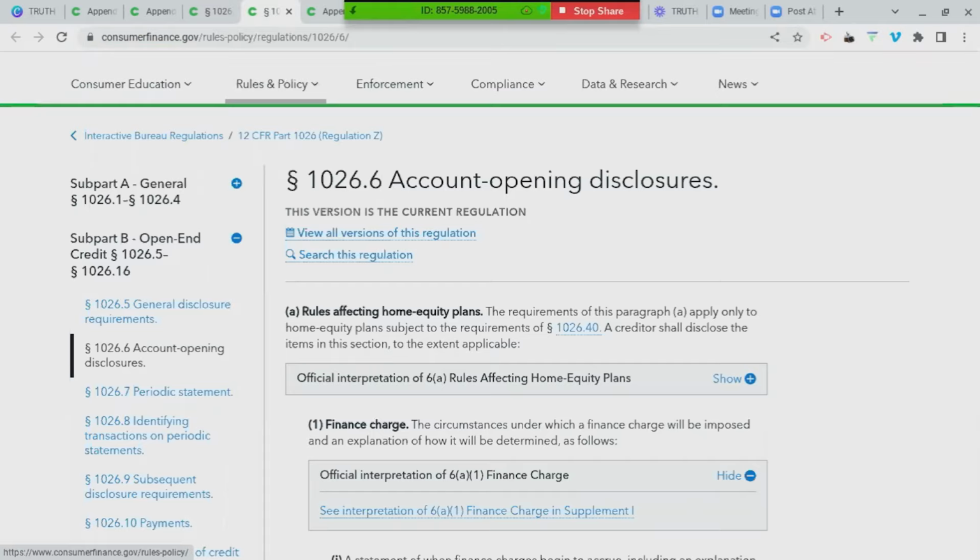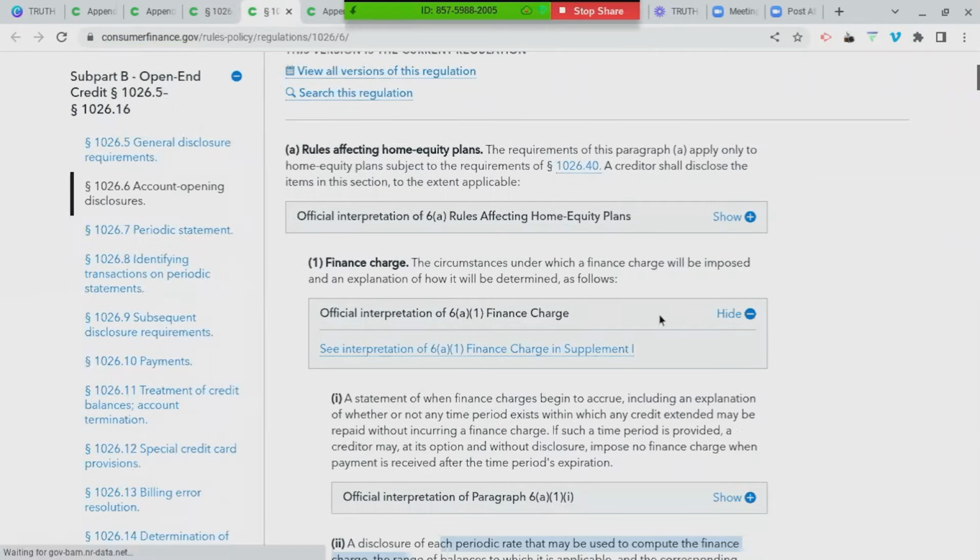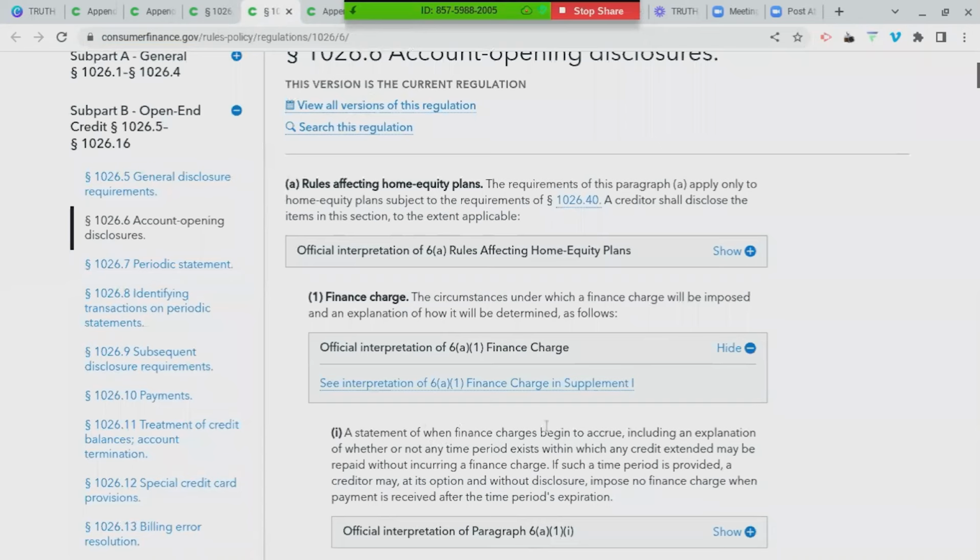So with the account opening disclosures, it says a statement of when finance charges begin to accrue, including an explanation of whether or not any time period exists within which any credit extended may be repaid without incurring a finance charge.